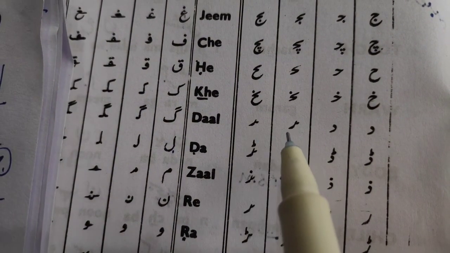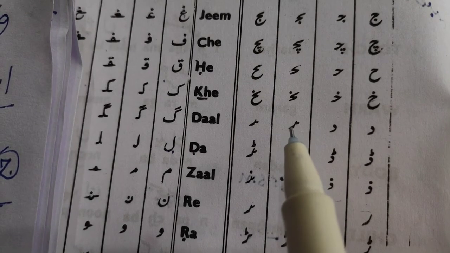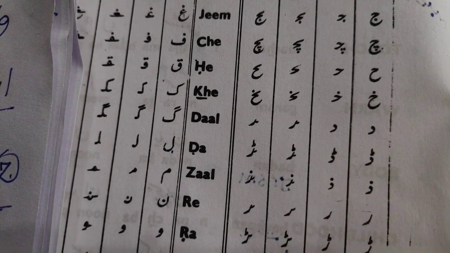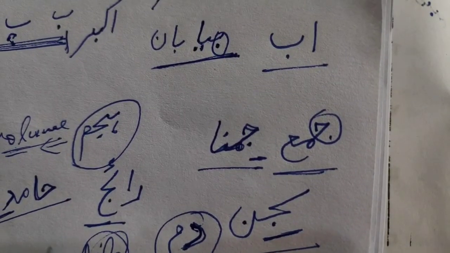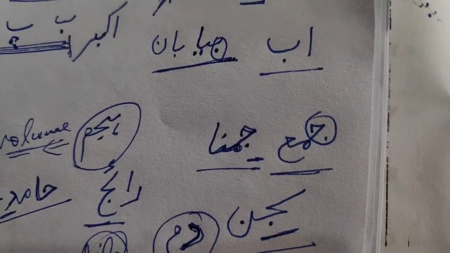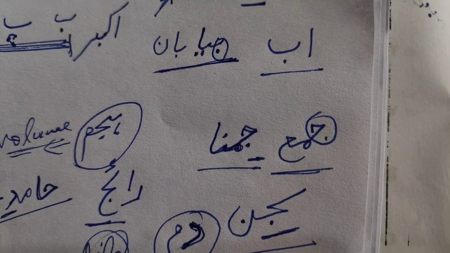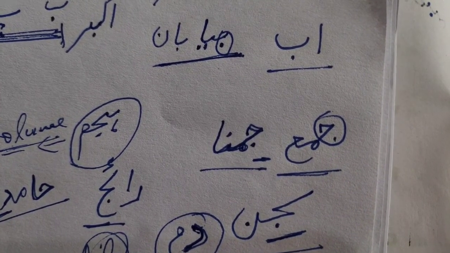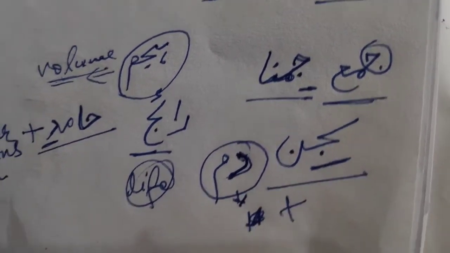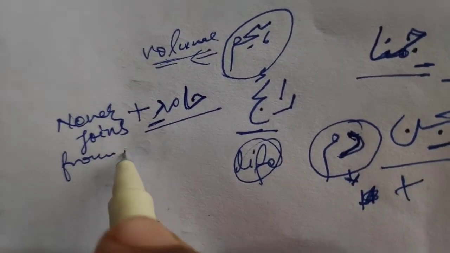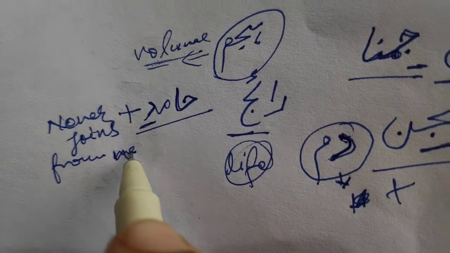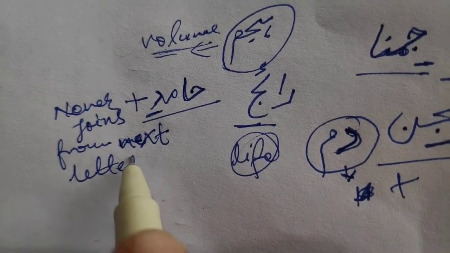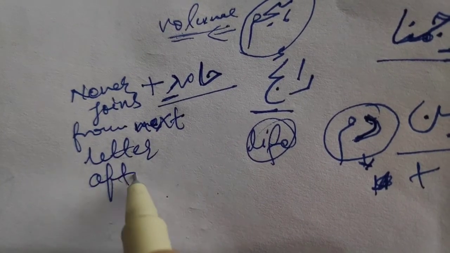And I want to tell you that after dal, zal, re, and ze, the letter never joins with the next letter after it.